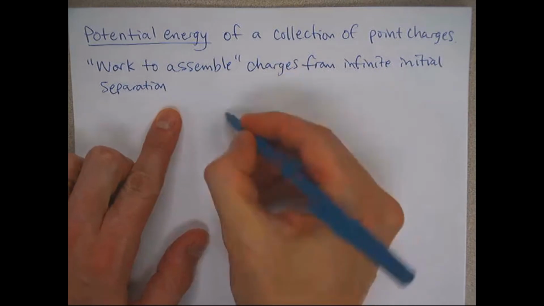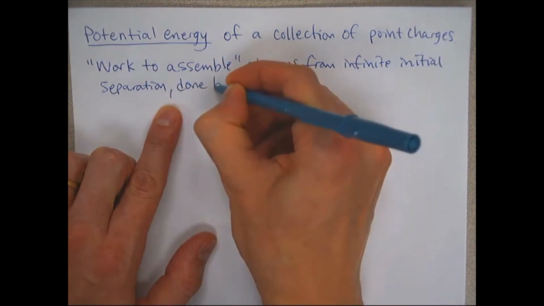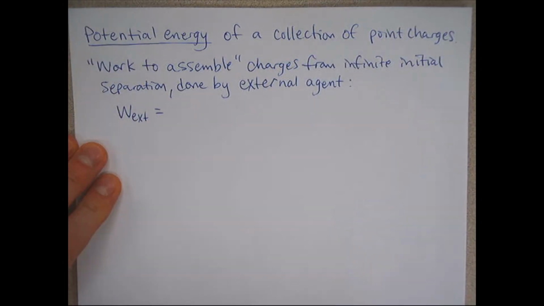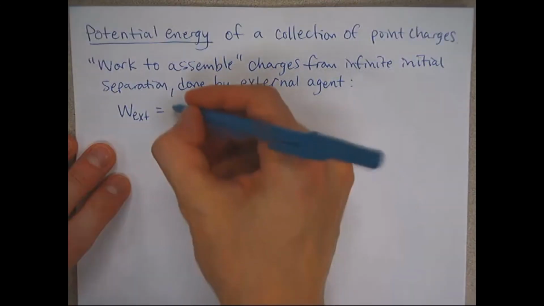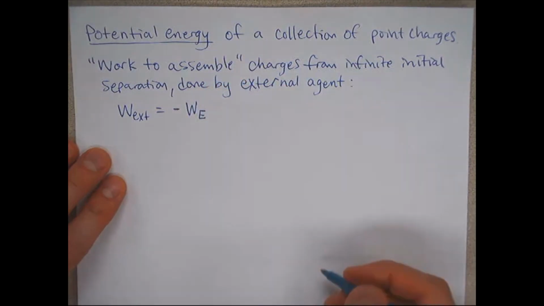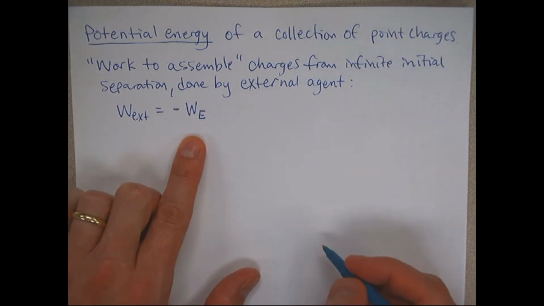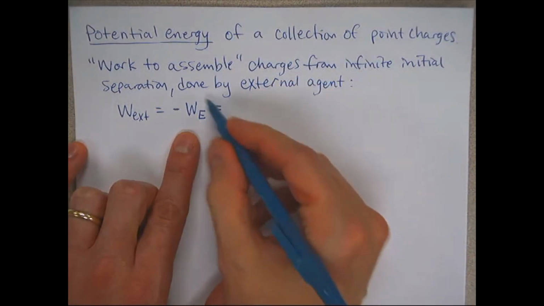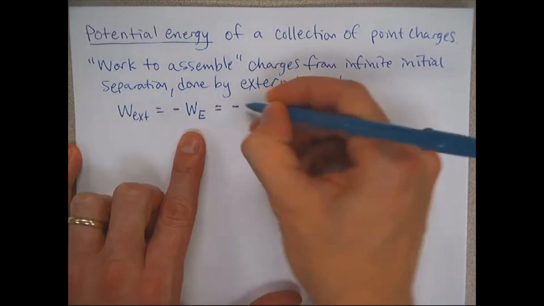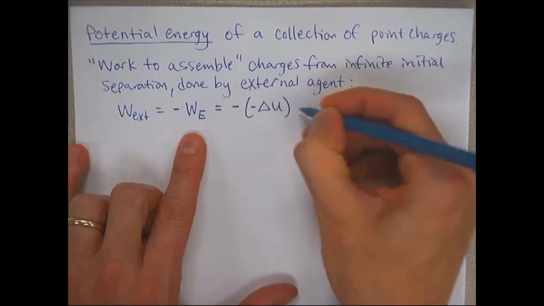The work to assemble the charges is done by an external agent. That work to assemble is the opposite of the work that will be done by the electric force during this process, this trip. And the work done by the electric force, of course, is the negative change in potential energy.